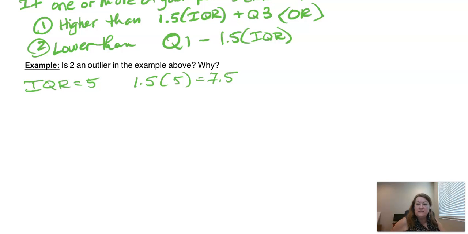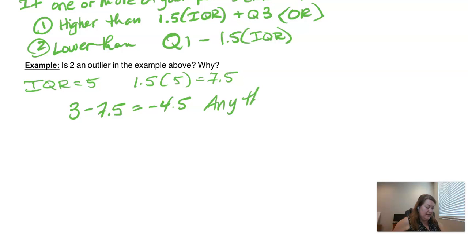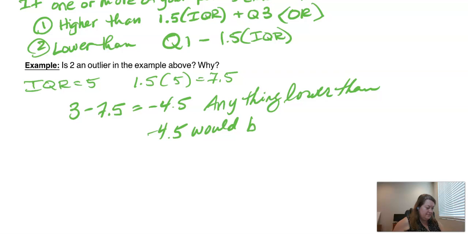Is 2 at the high end or the low end? It's at the low end of the data, so I want to check the low end. I'm going to check Q1, which was 3, minus 7.5, which equals negative 4.5. So anything left of, anything lower than negative 4.5 would be an outlier.